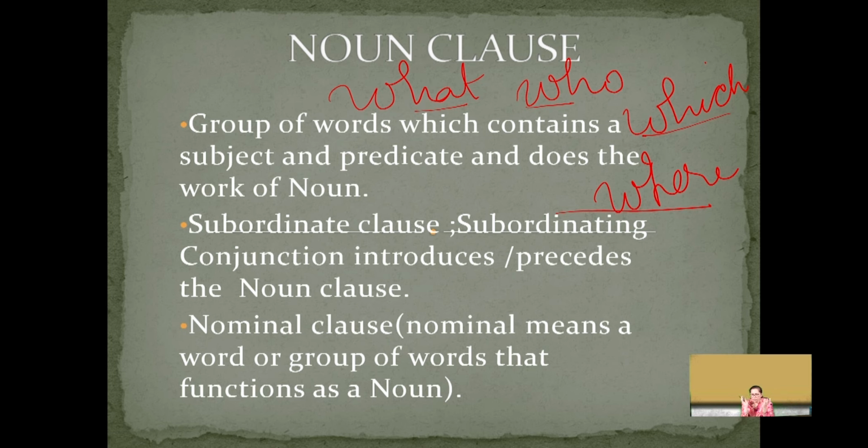But now at this level, we would like you to develop some better skills instead of anything that answered the question what, who, which, and where, in order to differentiate whether it was a noun clause, an adjective clause, or an adverb clause. That was a very general way in which anyone could identify by posing a question. But now here you will try to understand a noun clause by the kind of function that it is performing. It has to be of a noun.